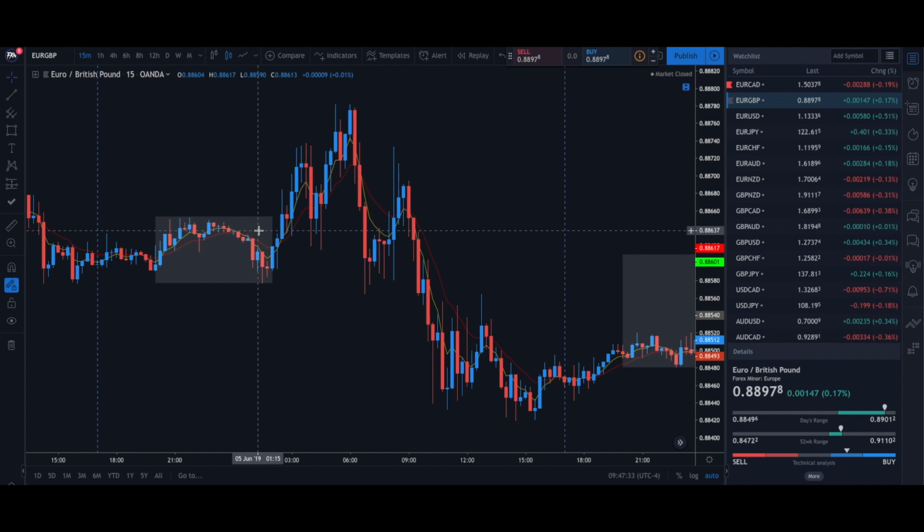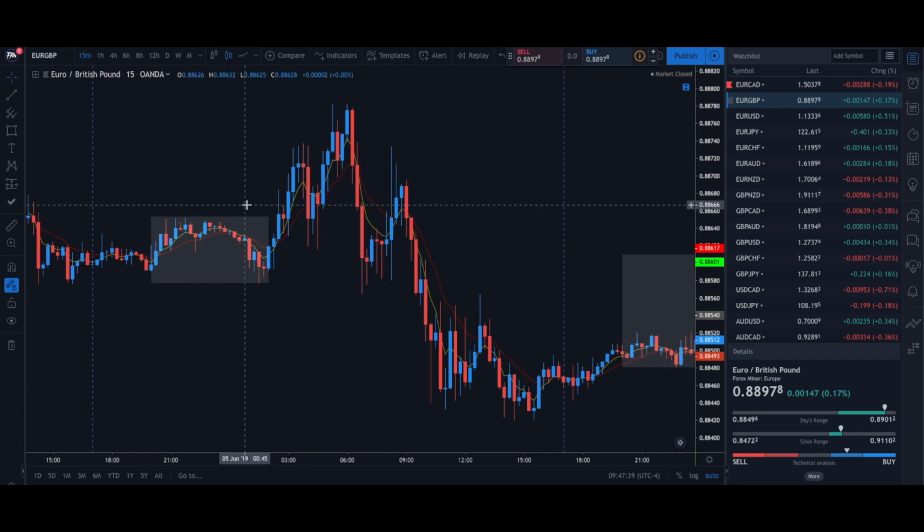Okay, so for example, if we're looking at this on Euro Pound right here, and let's say they want to move price from here, from the Asian range all the way down here. In order for them to do that, they need to have people that are willing to buy, so that they can take the opposite trade of the order and sell.